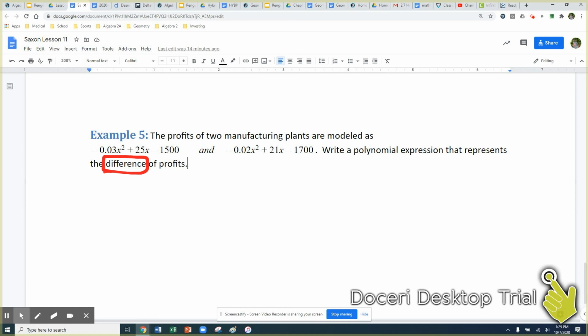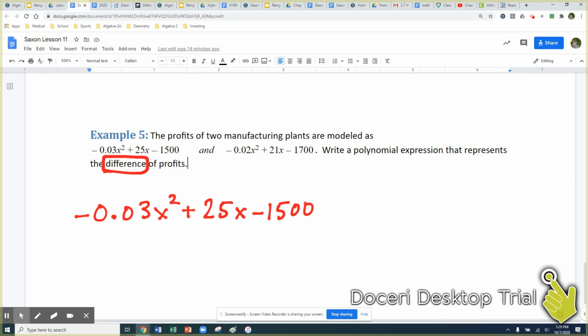So here's our first polynomial, negative 0.03x squared plus 25x minus 1,500. Now when I subtract this polynomial, I can think of it as adding the opposite of each of these terms. So if I have a negative 2 cents right here, what's the opposite of a negative 2 cents?